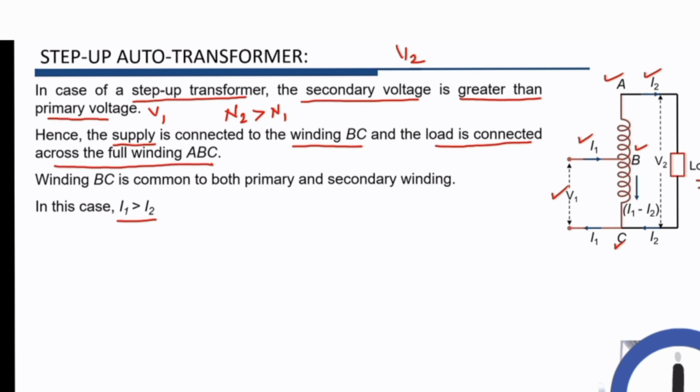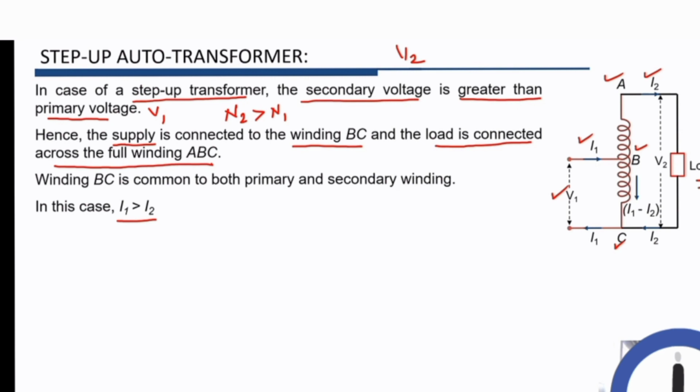In step up, the primary winding is B and C, and the secondary winding is A, B and C. So it looks just opposite to the step down transformer, right? The voltage source is connected to the primary winding BC, and the load is connected to the full winding, that is the secondary winding AC.